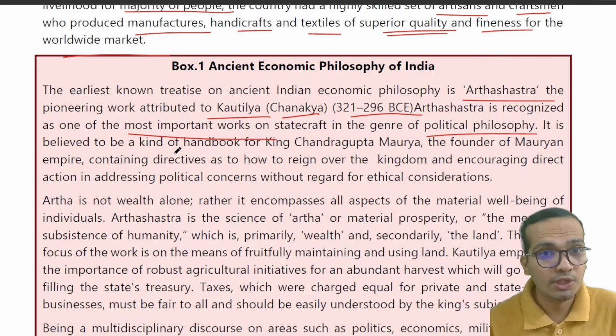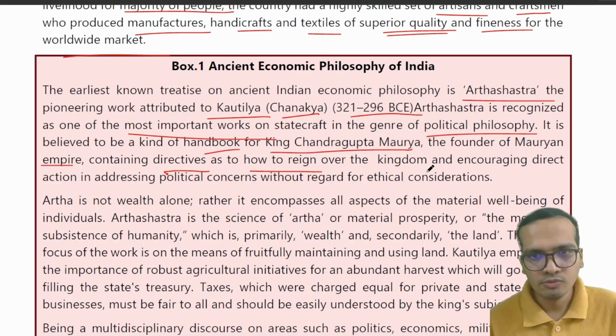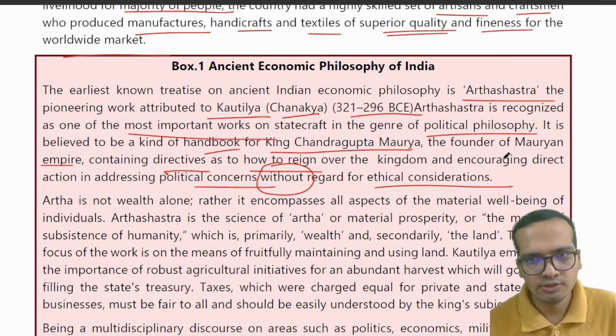It is believed to be a kind of handbook for King Chandragupta Maurya, the founder of the Mauryan Empire, containing directives on how to reign over the kingdom and encouraging direct action in addressing political concerns without regard for ethical considerations.